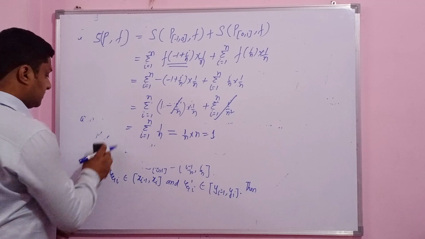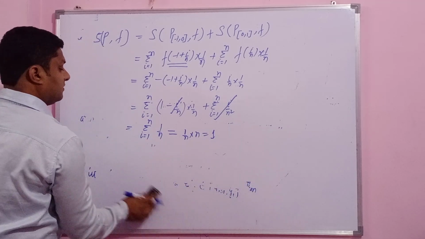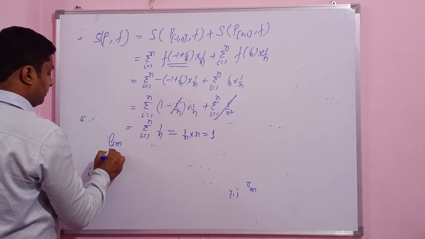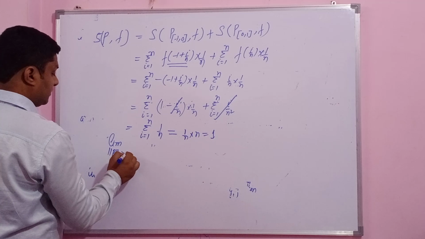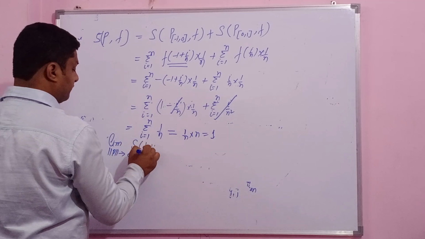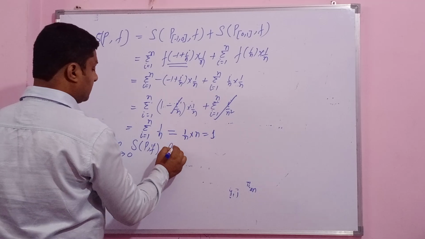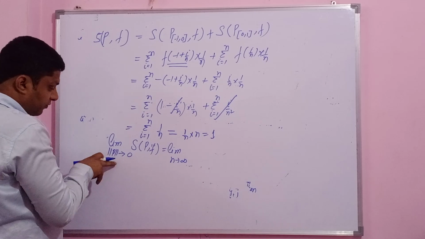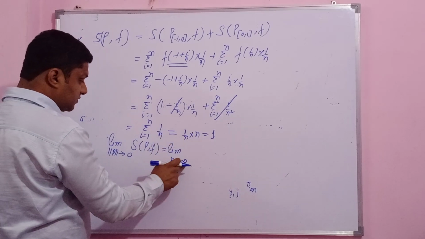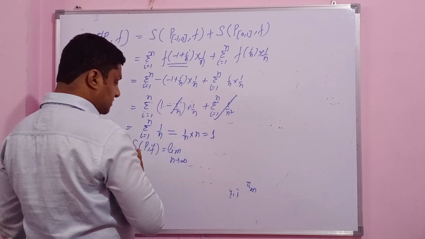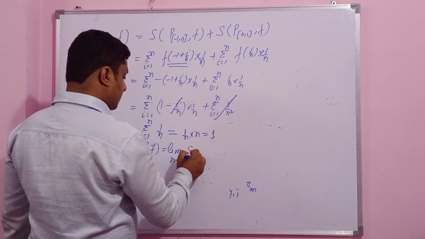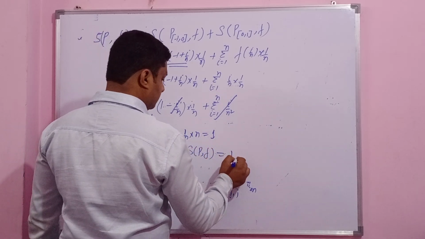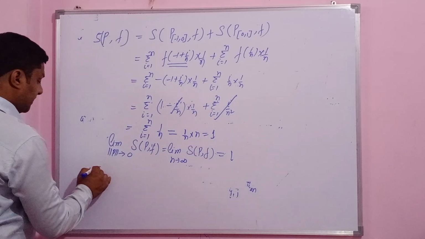So this implies that the limit of S(P, f) as the norm of P tends to 0, that is as n tends to infinity, meaning the partitions are going to infinity, equals 1.